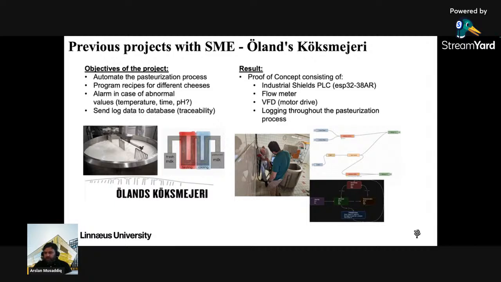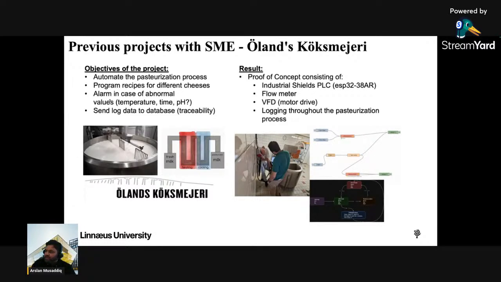So the primary goal was to automate the pasteurization process, which, as you know, is a crucial step in cheese production. By integrating IoT devices, we aim to ensure that this process is carried out consistently with precise control over temperature and other parameters. So it was one of the best examples that I can show you here.